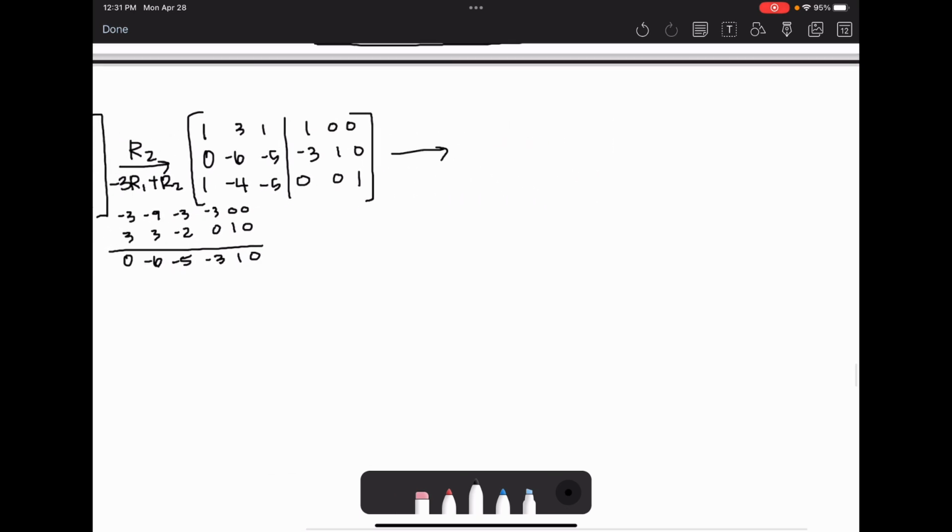Okay, our next step, the nice thing to do is get this to be a 0. So I'm going to change row 3, and I'm just going to say row 1 minus row 3. And I'm not going to write out the math like I did here because it's just subtracting. But row 1 and row 2 aren't changing, so I can copy those in.